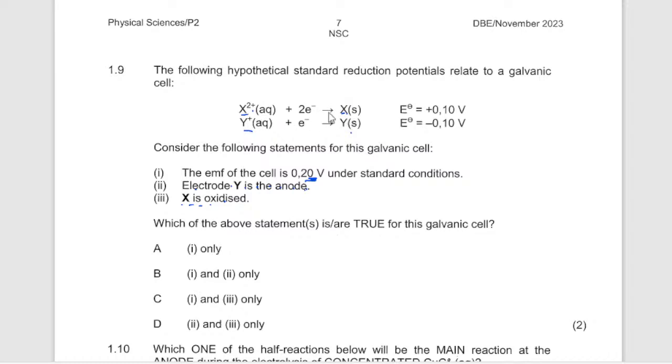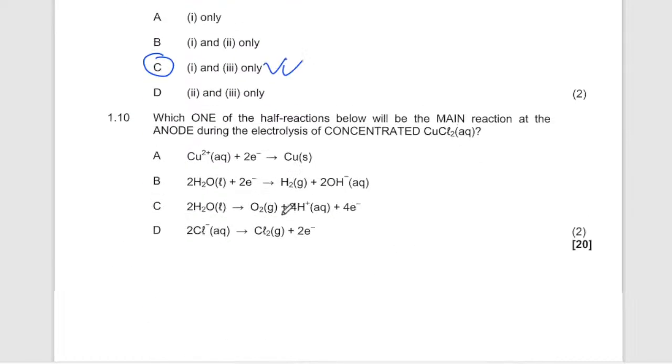Yes, X is going to be oxidized. And don't forget, if X is oxidized, then automatically Y is going to be reduced. So it can't be the anode. So the most correct answer is this and this. You have to look at 1 and 3, where C becomes the most correct answer.